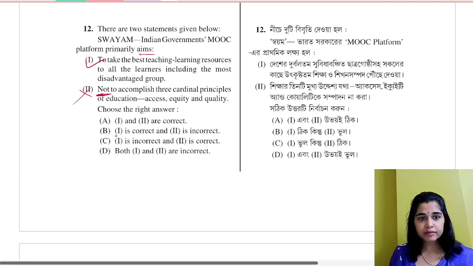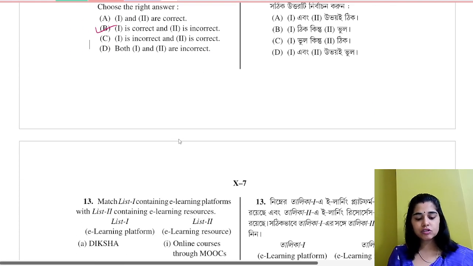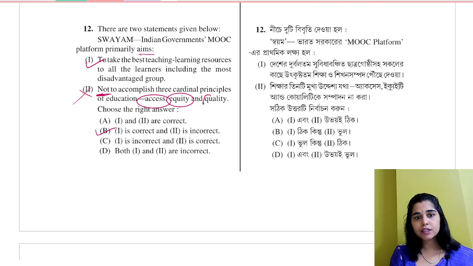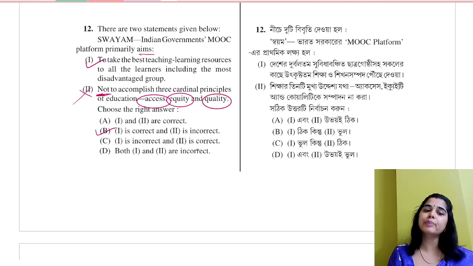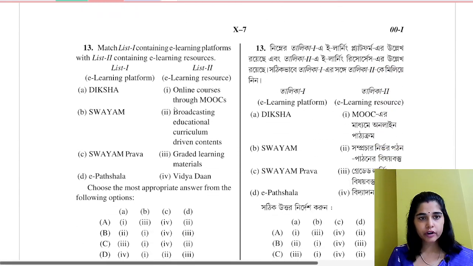This will come. So the answer will be 1 is correct and 2 is incorrect. This is also one feature of Swayam Prabha, a very important feature of access, equity, and quality. These are the three cardinal principles of Swayam. So not, no, there will be no 'not' here.